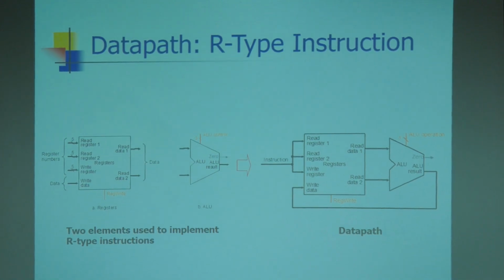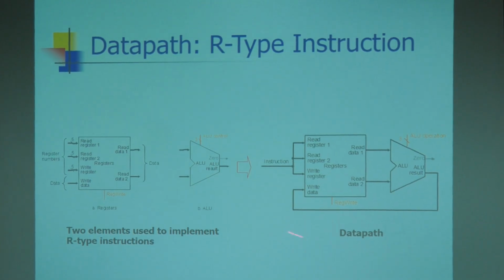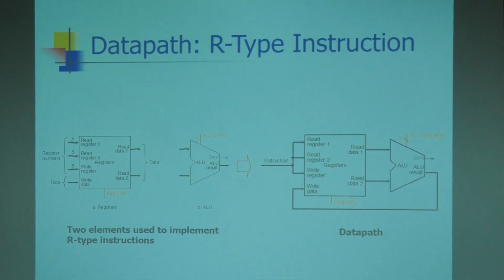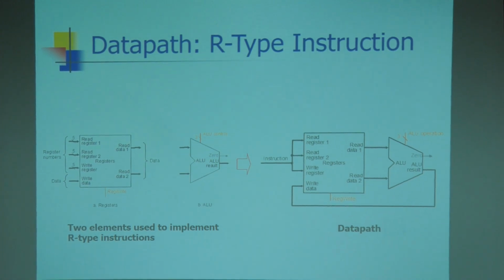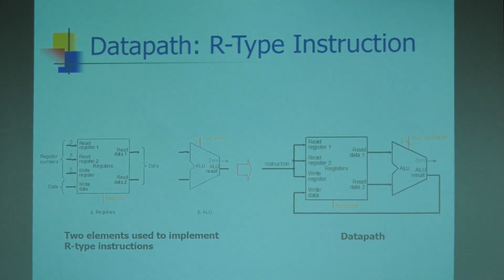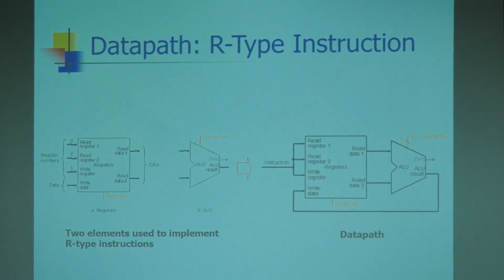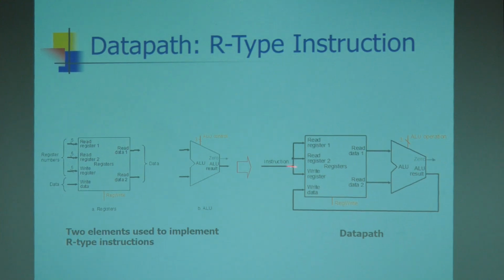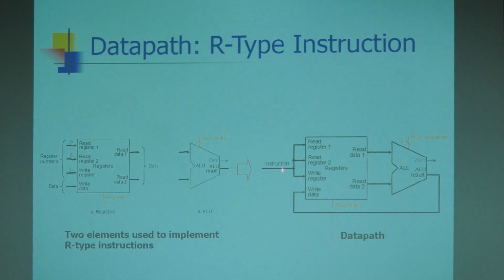At a time we can read and compute the result, and after computing we write into the write register. All these operations, the reads, the computation, and the writing, will be completed in 1 clock cycle.